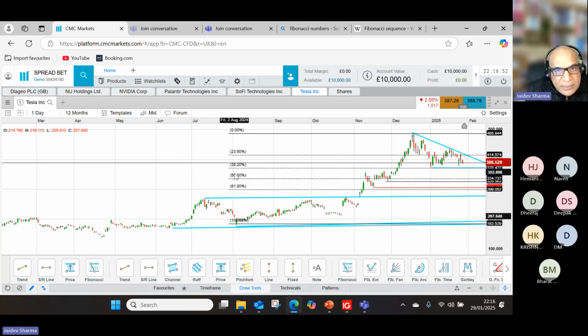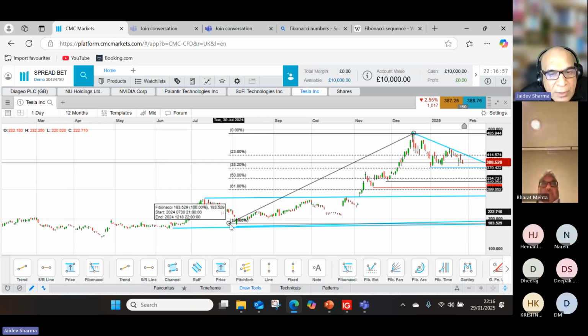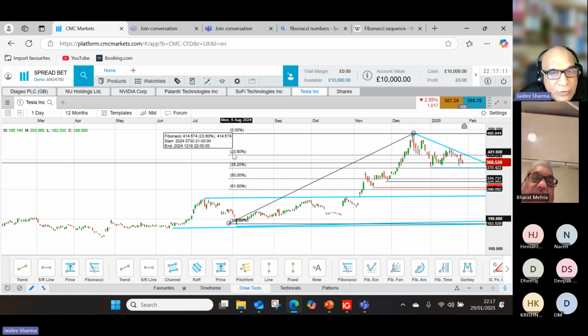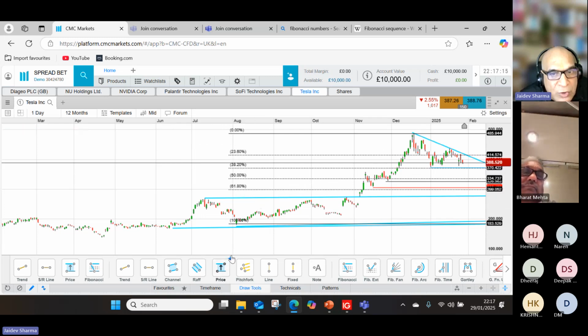Okay, so forget the theory behind it, but the point here is that whenever you connect the bottom of a price pattern to the top of the price pattern, it gives you these lines. So the top is 0 or the bottom is 0 and the top is 100%, or vice versa. And then it gives you 23.6%, 38.2, 50 and 60.8%. So this line 50 represents 50% of the total move.